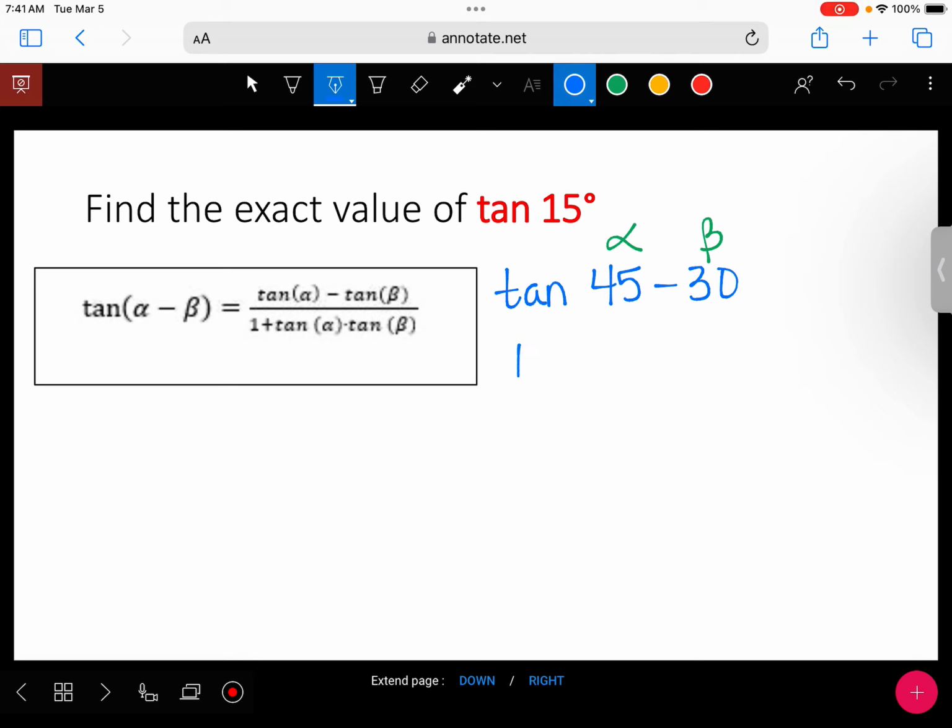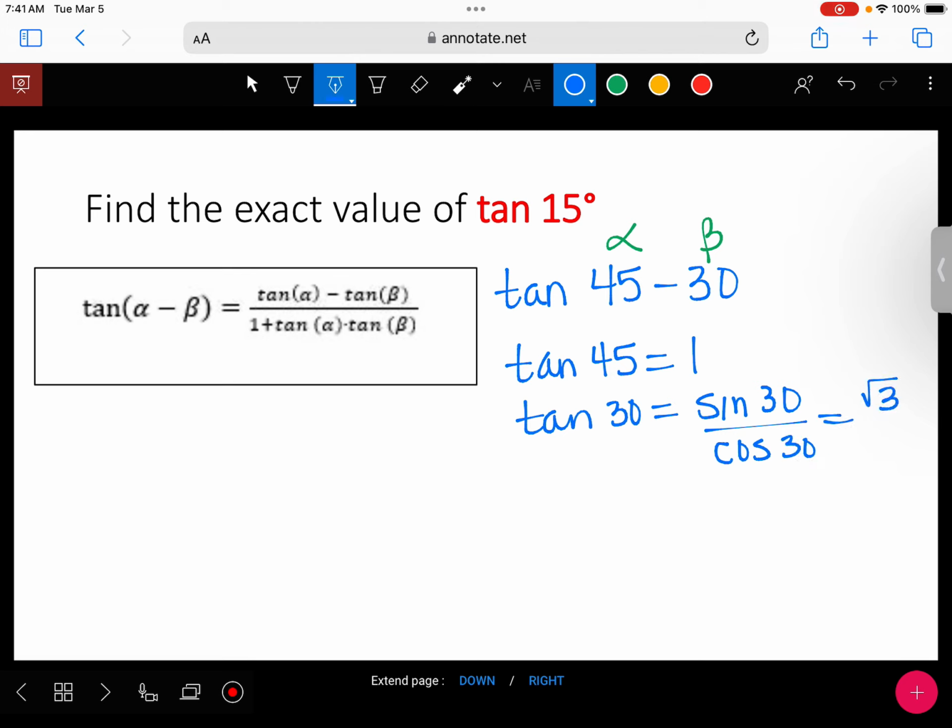So we need to start by figuring out the tangent of 45, which is 1. That's easy. And we know the tangent of 30 is equal to the sine of 30 divided by cosine of 30, which if you did the work would give you root 3 over 3. So those are my two tangent values.